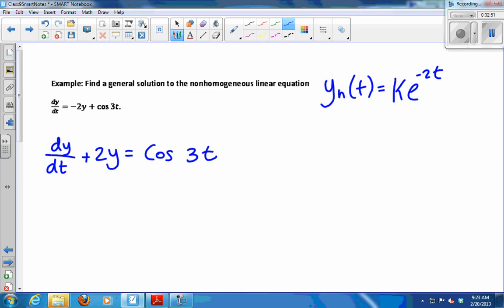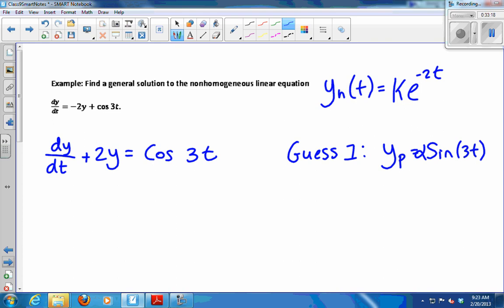Yes, we need a guess first, though. Sine of 3t. Okay, let's try it. So guess 1. Y particular is going to be alpha sine 3t. Right, we don't know the coefficient.